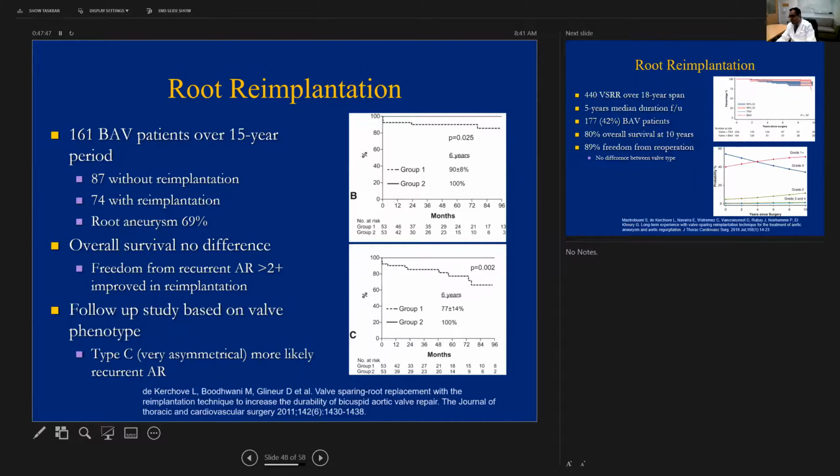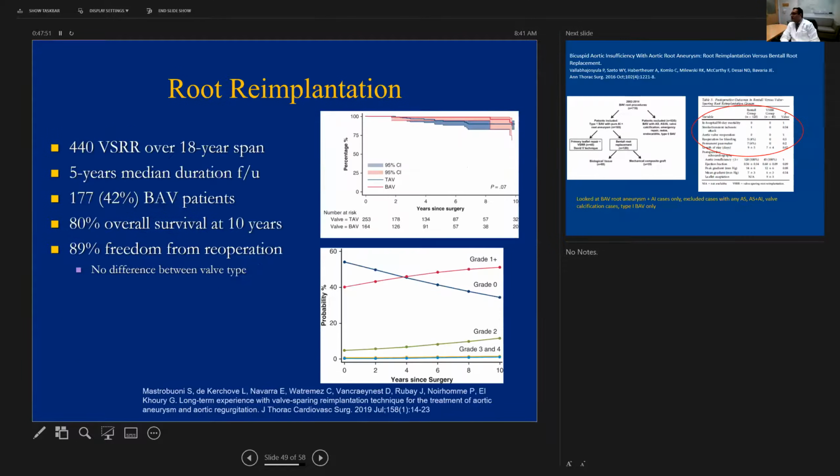for bicuspid patients. This is a more recent paper by Dr. El-Khoury's group, and they looked at 440 valve-sparing root reimplantations that they did over an 18-year span, with a median follow-up of 5 years, and 177 of them were bicuspid patients.